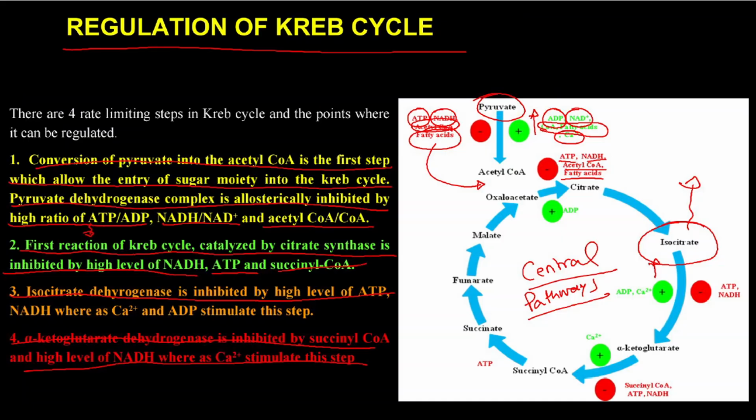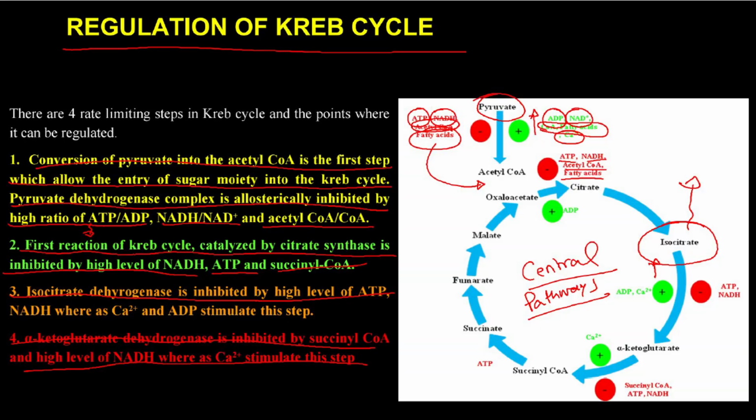Okay. So how does the regulation of the Krebs cycle occur? There are four rate limiting steps in the Krebs cycle, and the points where it can be regulated begin with the conversion of pyruvate into acetyl coenzyme A, which was the first step, when the pyruvate from glycolysis is entering the Krebs cycle.